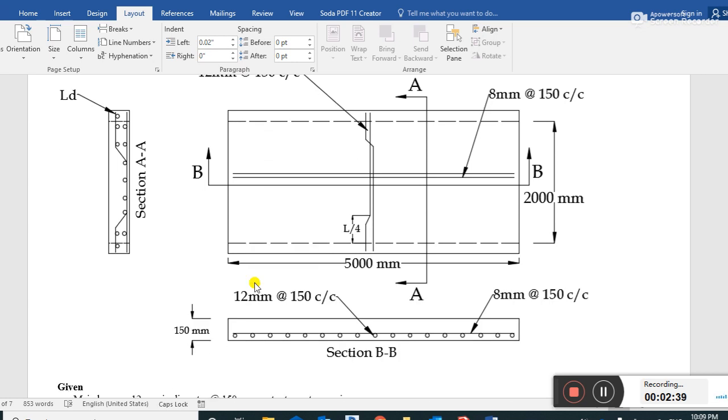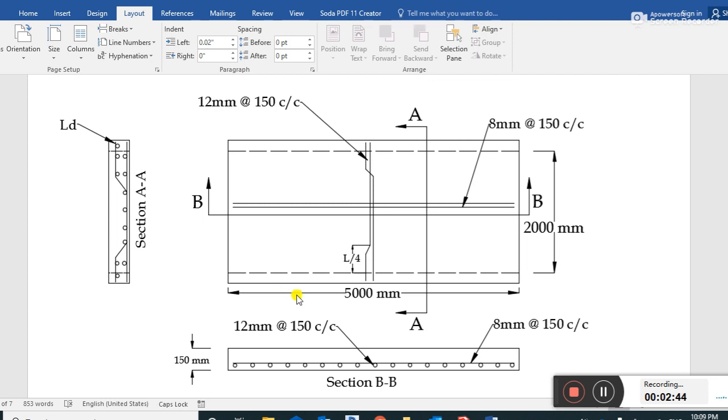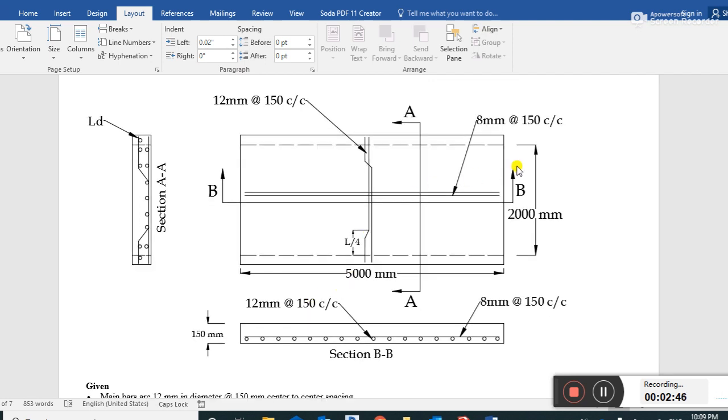Guys, this is our one-way slab detail. We'll see. This is the slab dimension, 2000 millimeter width and length 5000 millimeter. If we divide 5000 by 2000, the ratio is 2.5. It is greater than 2, so it is called a one-way slab.